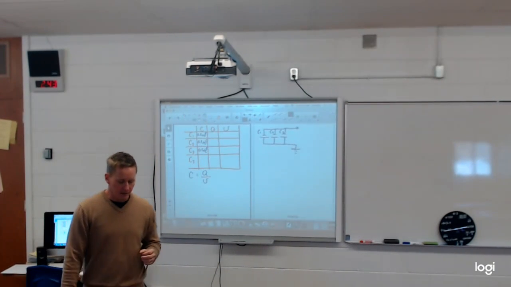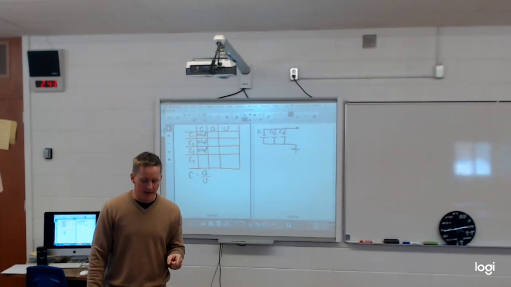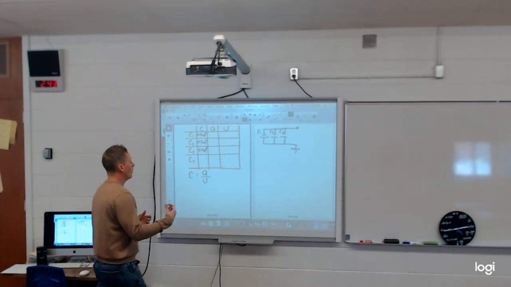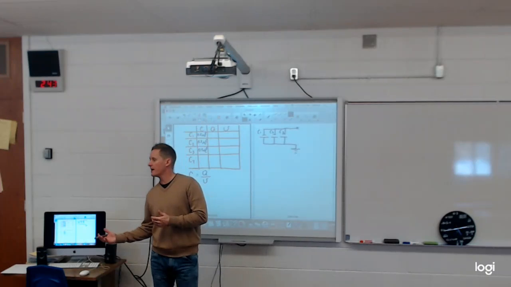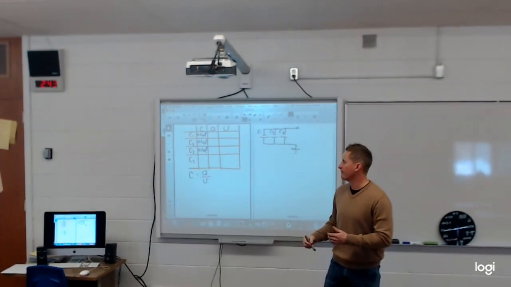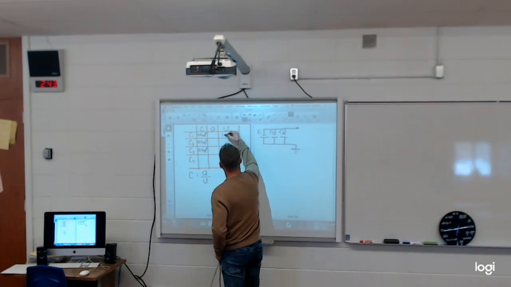It says they are connected in parallel and charged to a potential difference of 100 volts. So, looking at my properties, what does that tell me about the voltage when it's in parallel? It stays the same. So each of these has 100 volts, and the total on them is 100 volts.